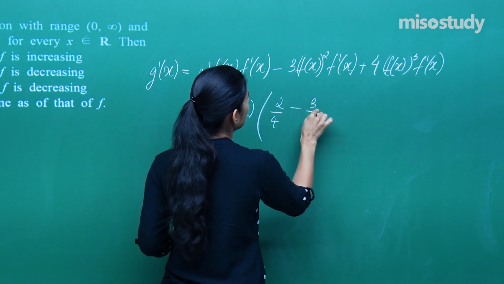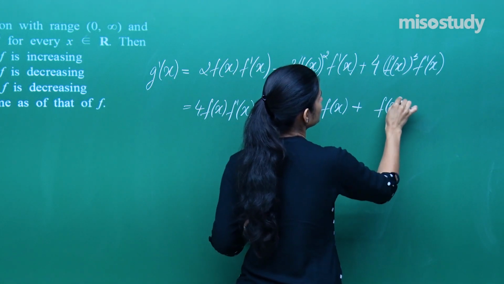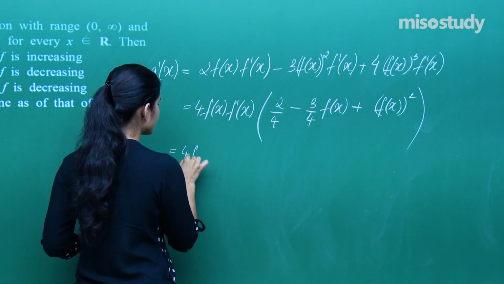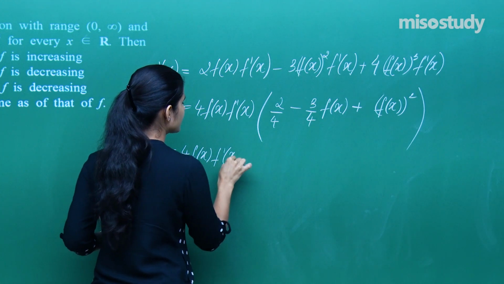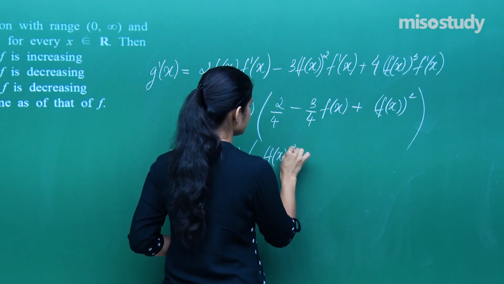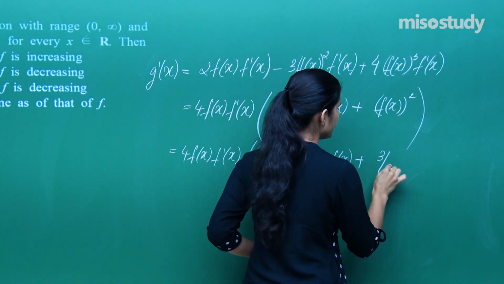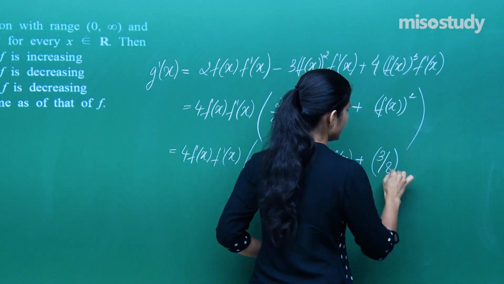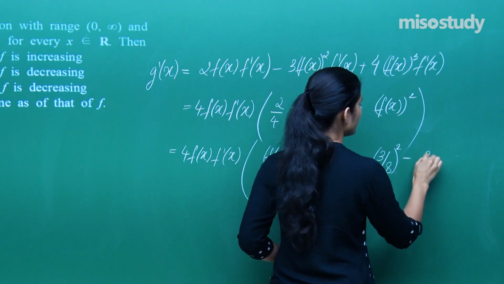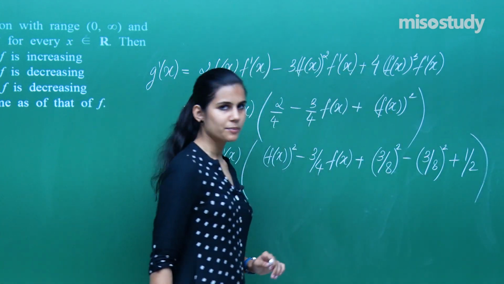2/4 minus 3/4 f(x) plus f(x) whole square. So this gives you 4f(x)f'(x), inside you have f(x) whole square minus 3/4 f(x). Let's complete the square: plus 3/8 f(x), plus (3/8) whole square, minus (3/8) whole square, plus 1/2, because 2/4 is 1/2.